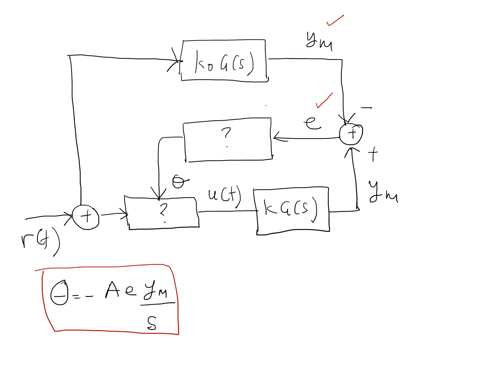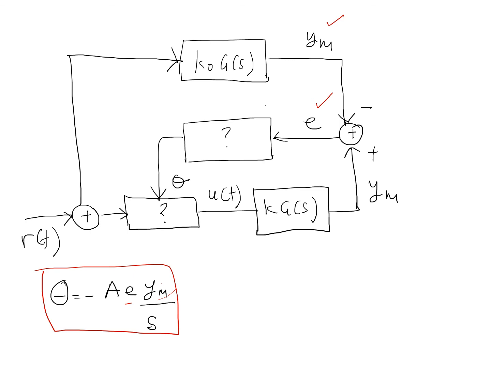In the theta equation, we have negative a e ym over s. Now we erase, and we have to draw it again, using the red pen.